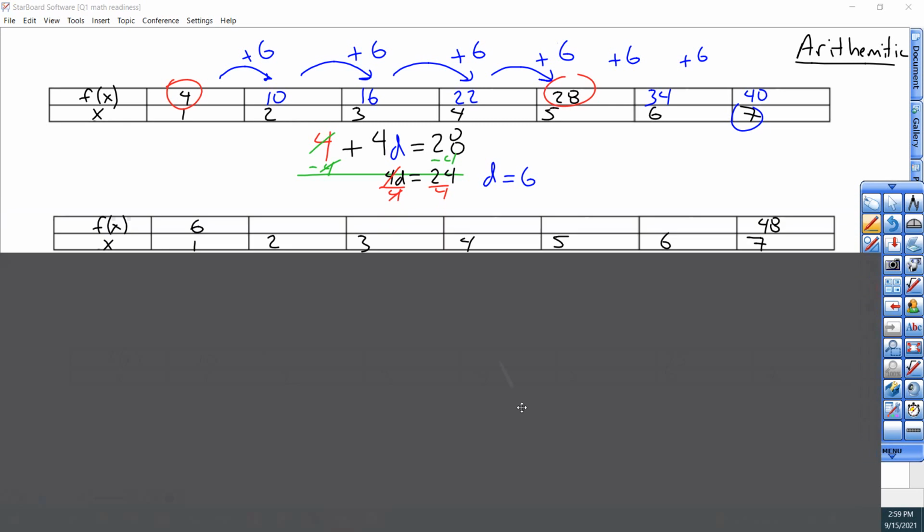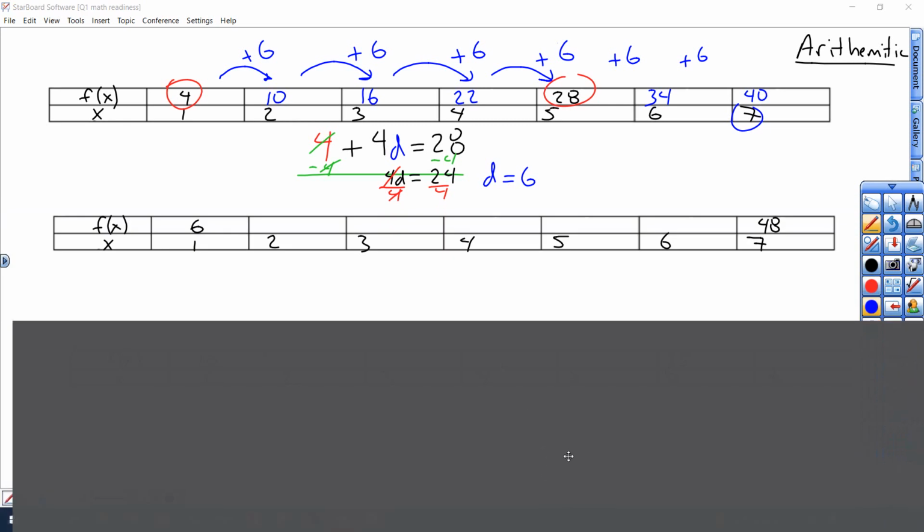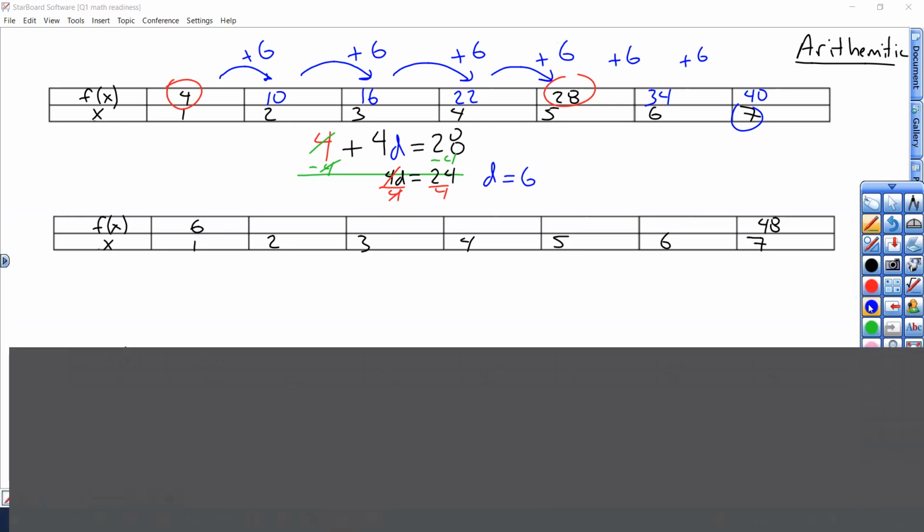All right, another one. Again, the number of D's is always one more than openings. This one has 1, 2, 3, 4, 5 openings, which means I'm going to add 6 of those D's. Let me try to show you. From this 6 all the way down to this 48, let me show you how many of those common difference numbers it's going to take.